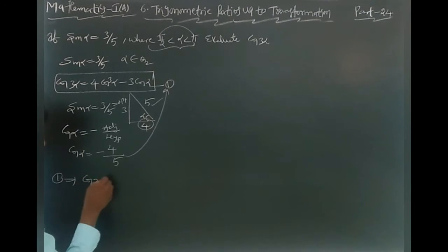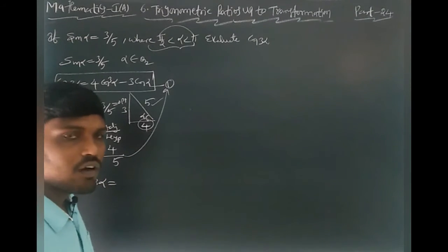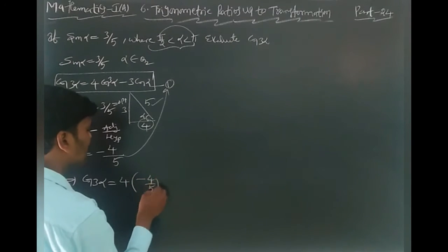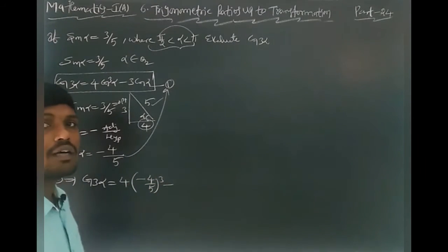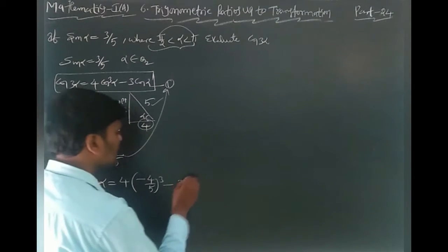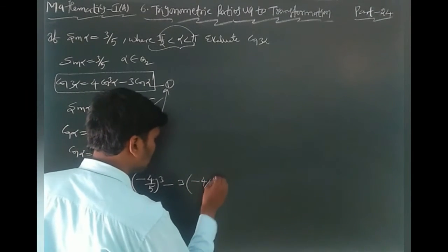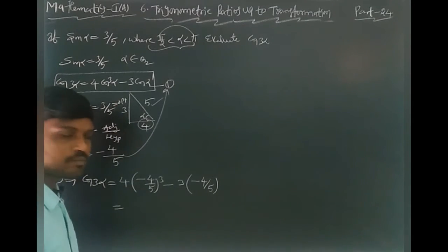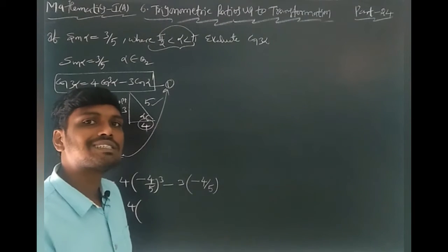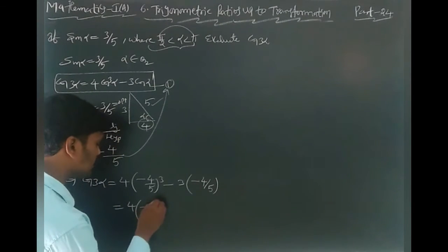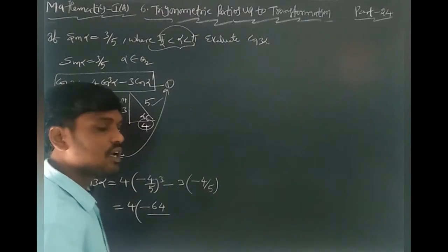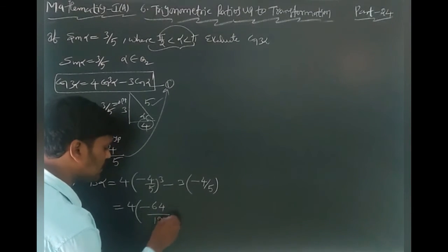Equation 1 implies cos 3 alpha equals 4 into minus 4 by 5 whole cube, since cos cube is minus 4 by 5 whole cube, minus 3 into cos alpha, which is minus 4 by 5. That equals 4 into minus 4 cube, 4 cube is 4 4s are 16, 16 4s are 64, minus 64, by 5 cube, 5 5s are 25, 25 5s are 125.